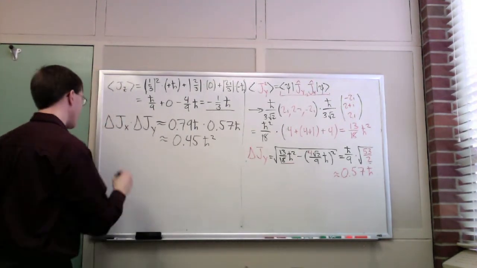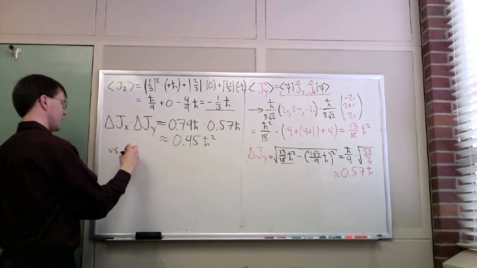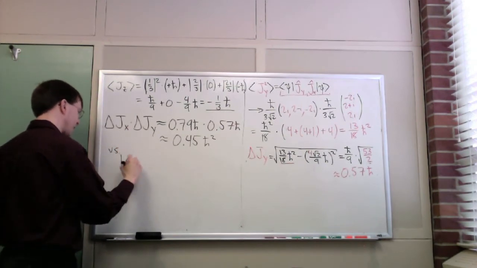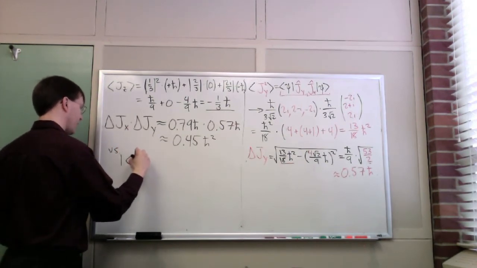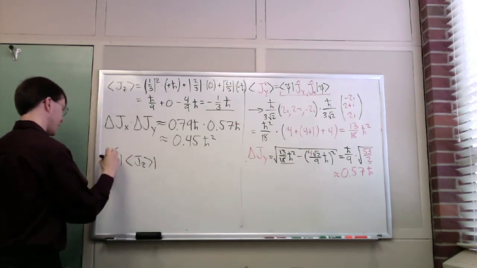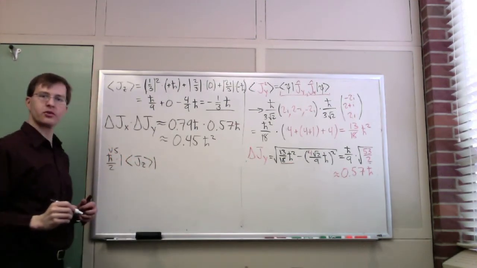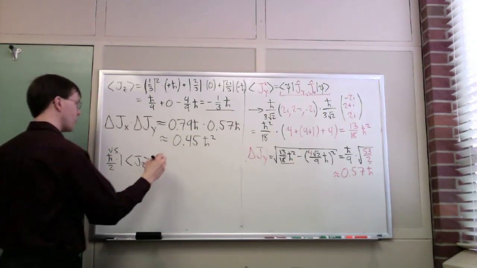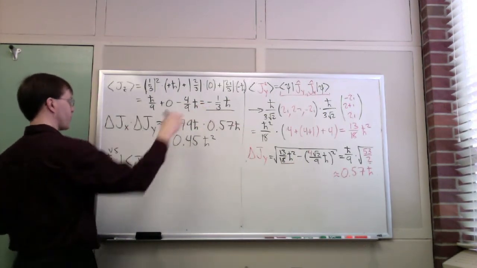I'm supposed to be comparing this to the absolute value of the expectation value of Jz times h bar over 2, which came from our uncertainty relation back in the day. Well, I know the expectation value of Jz, it's 1/3 h bar.